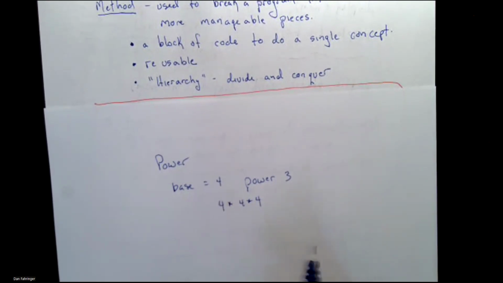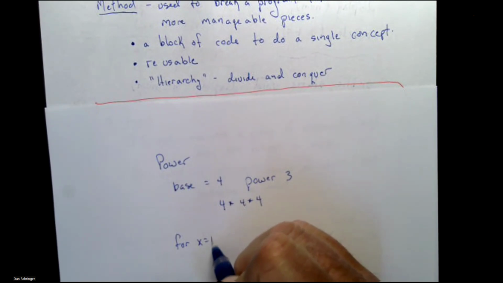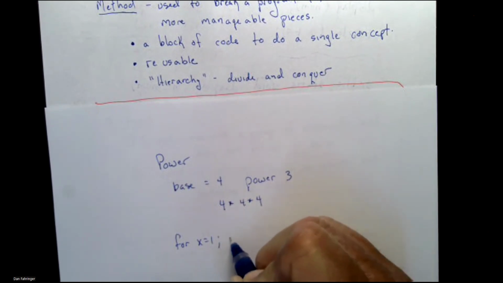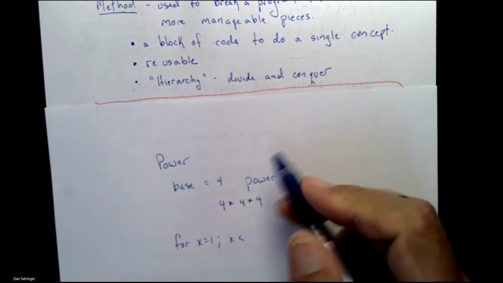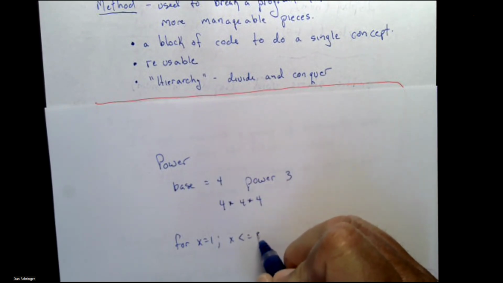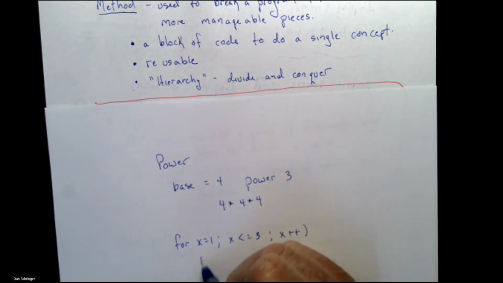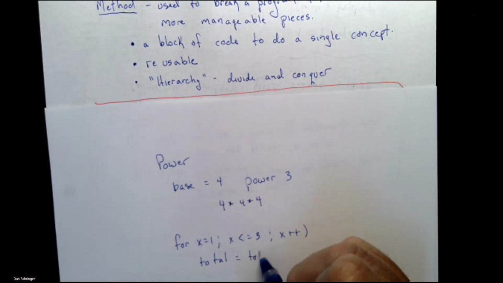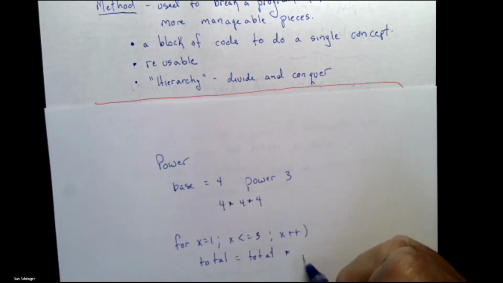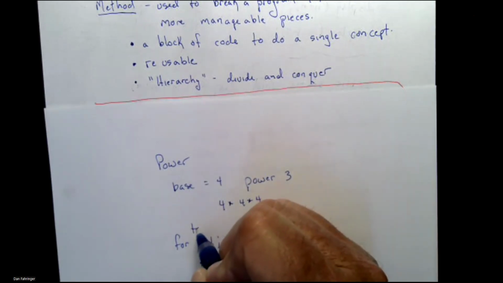But somehow or other, you might have to come in and your actual code might be for x equals 1, x is less than or equal to power, x plus plus. And then inside of here, you may have something like total equals total times base, and you're starting your total out at 4.